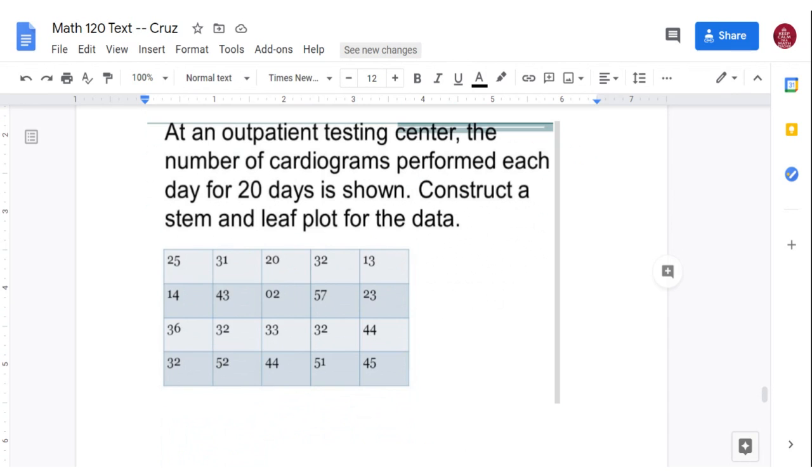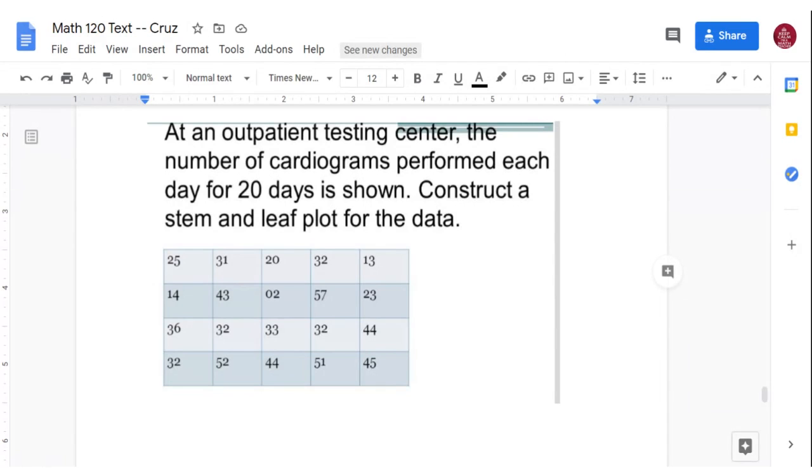Now, instead of writing the whole thing out, we'll do it in two stages. So we'll go to this one. That's 25. So that means we're going to put a 5 right here. I'm just going to go through and whack them out as I do them. 31 means we go here and put a 1. So that right there represents our 31.